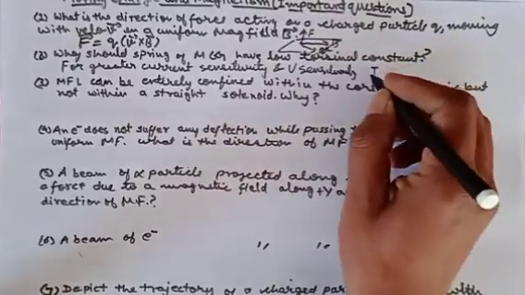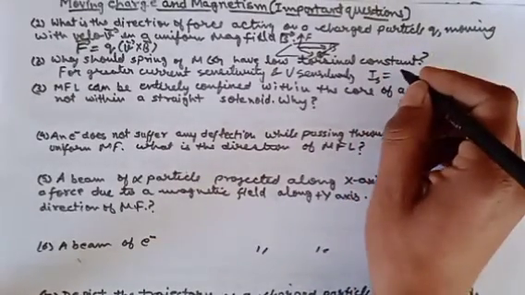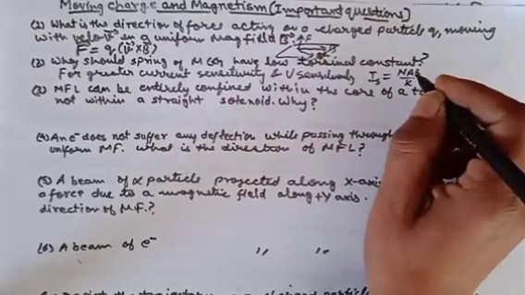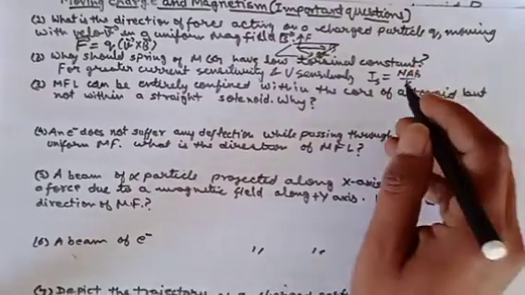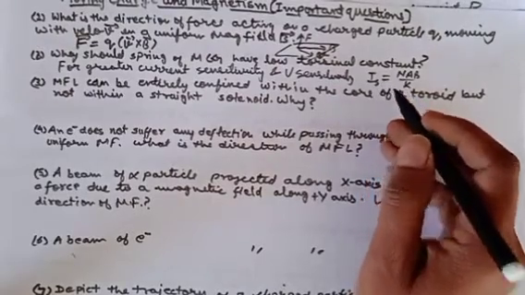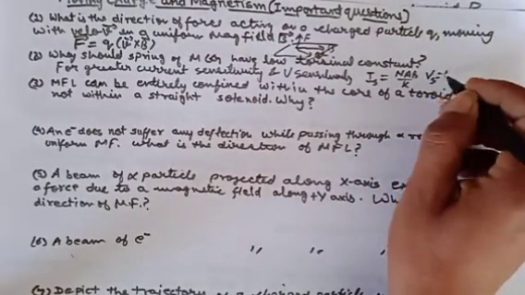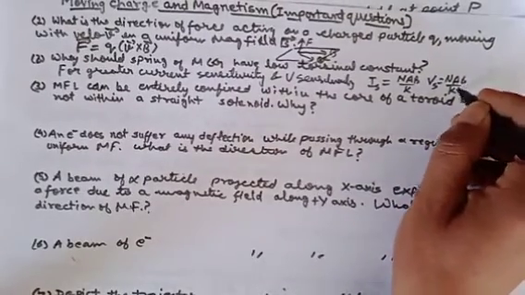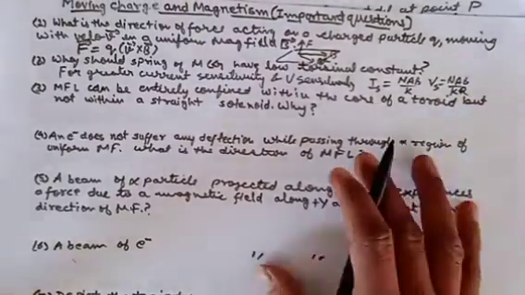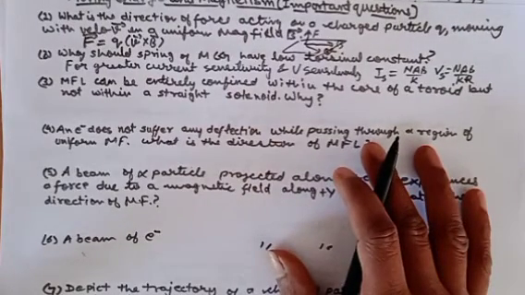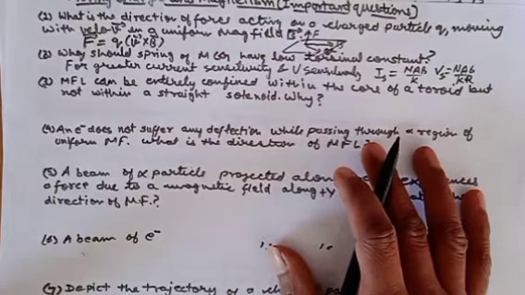Actually, current sensitivity IS is equal to NAB upon K, where K is the torsional constant. So the lower the value of the torsional constant, the greater is the current sensitivity. In the same way, voltage sensitivity is NAB upon KR, R being resistance. So in both cases, the torsional constant must be as small as possible.